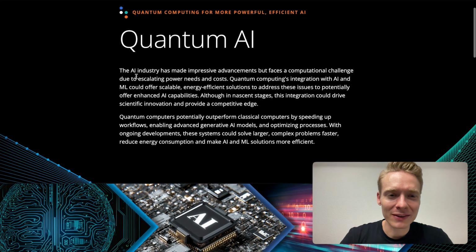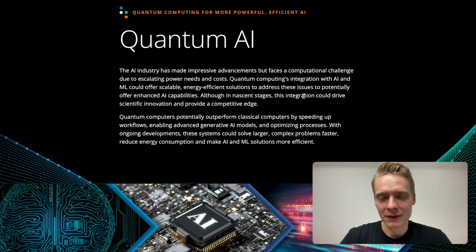We see here it says the AI industry has made impressive advancements, but faces a computational challenge due to escalating power needs and costs. Quantum computing's integration with AI and ML cloud offers scalable, energy-efficient solutions to address these issues, to potentially offer enhanced AI capabilities. Although at nascent stages, this integration could drive scientific innovation and provide a competitive edge.